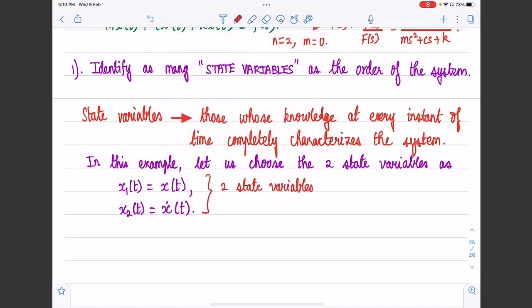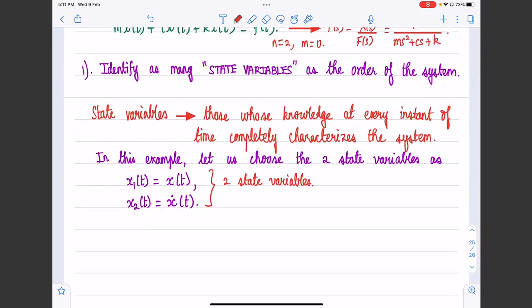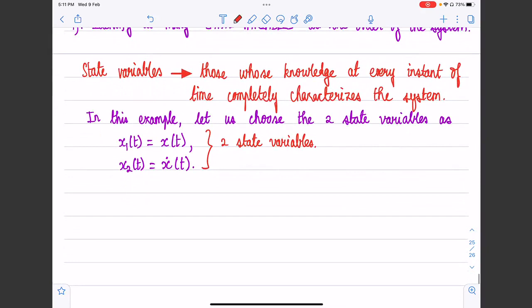So what is the intuitive reason behind the choice? x of t is the displacement of the mass, right? x dot of t is the speed. So what it means is that if I know information about the displacement and speed of the mass at every instant of time, then I know pretty much what is happening to the mass spring damper system at each and every instant of time, right? That's how we choose the two state variables as the displacement and the speed.